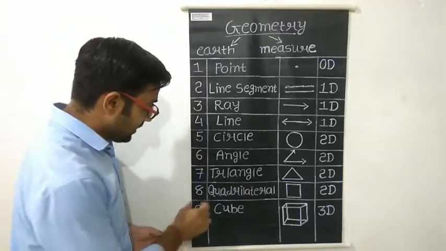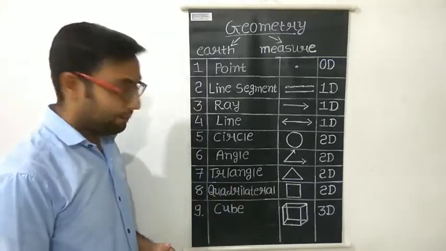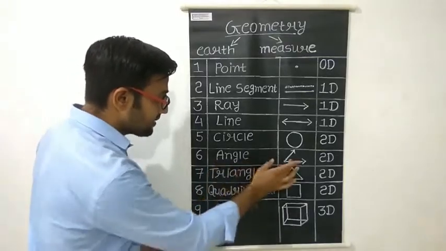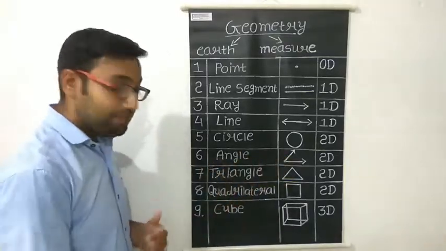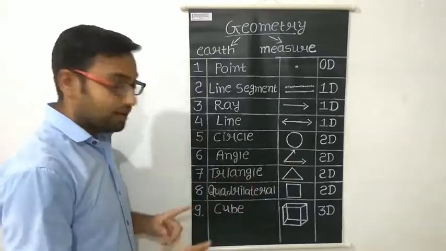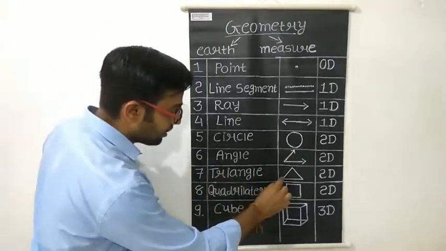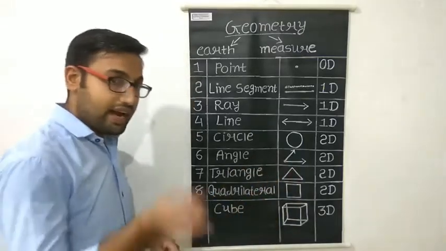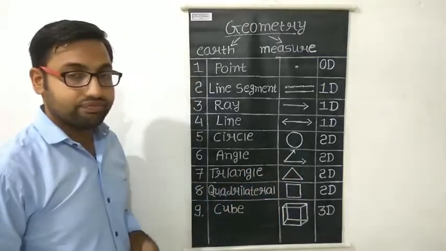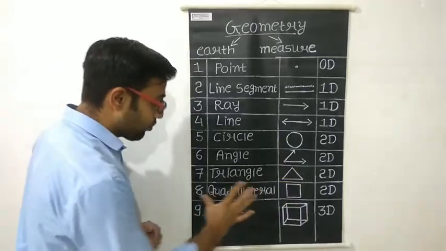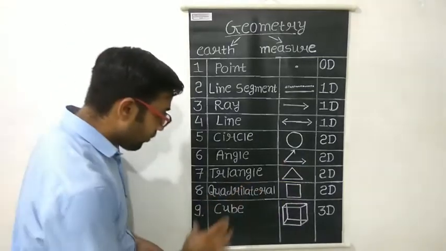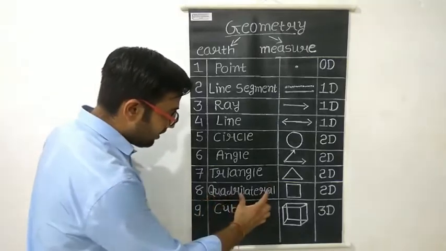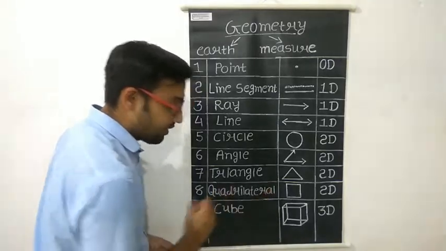Okay, the next one is a quadrilateral. Here you can notice one thing about the triangle. Tri means three, angle means angle. Three angles. Here you can see that this is the first angle, second angle and third angle. That is why it is called a triangle. Now the next one is a quadrilateral. Quadrilateral is also made of two words, quad and lateral.